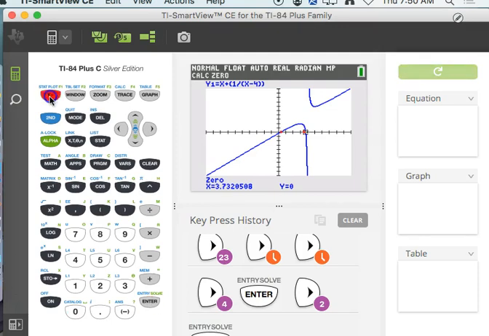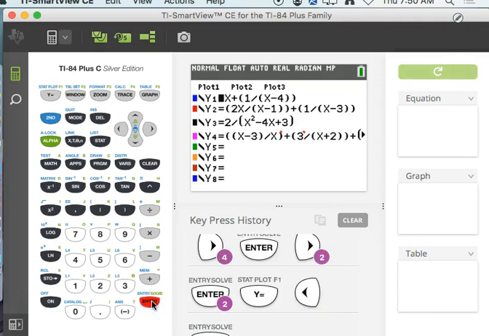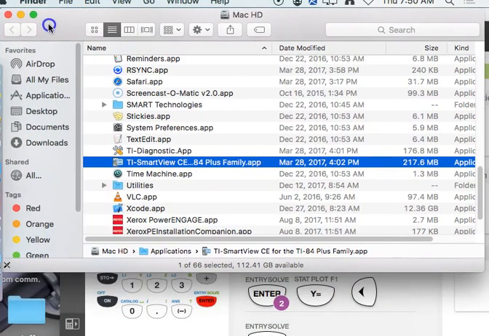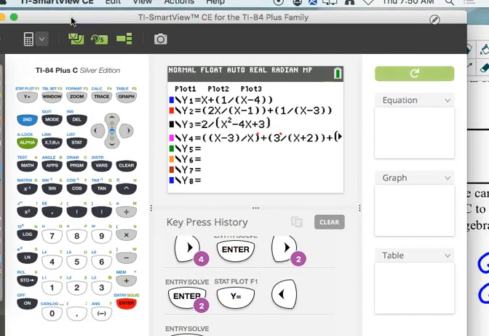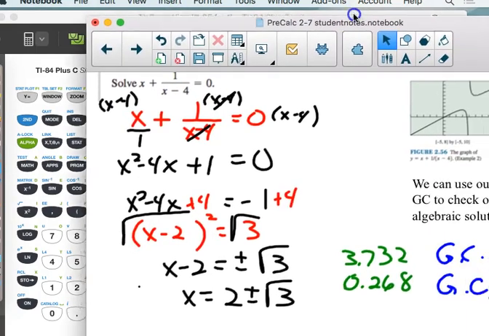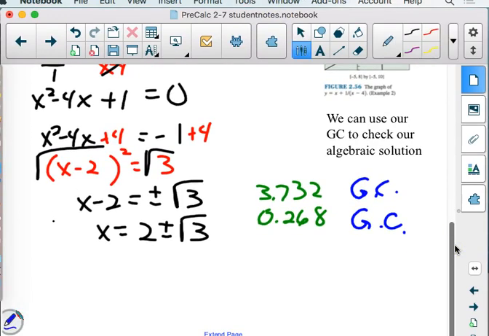All right, so to save time for the next one, I am going to deactivate that graph. So, graphing calculator, check mark, check mark.